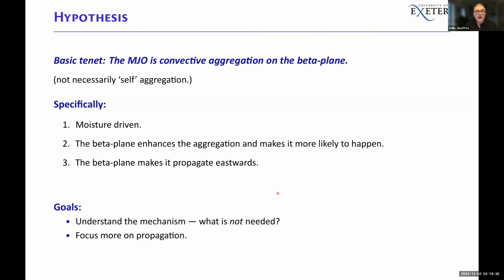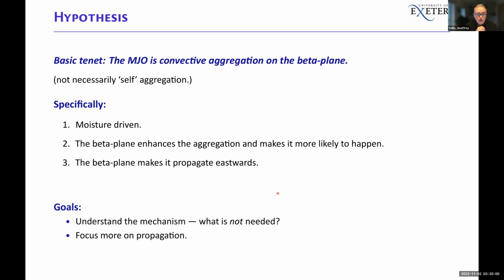And the tenet that I'm going to argue is that the MJO is a form of convective aggregation on the beta plane, not necessarily self-aggregation, if you will. It's not just maintained by itself, but it's because it's on the beta plane that it will aggregate.